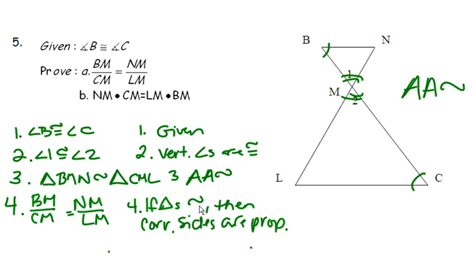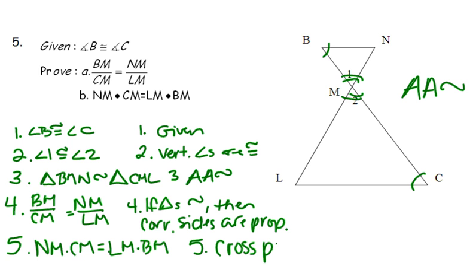So if my triangles are similar, then my corresponding sides are proportional, which means that now I can make this statement: NM times CM equals LM times BM. And my reason for this is because since these are proportional, I can use my cross products property. So that's what we're going to call this, cross products property. Okay, that was a pretty straightforward one.